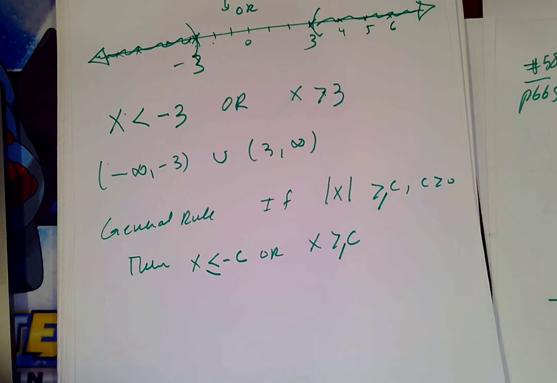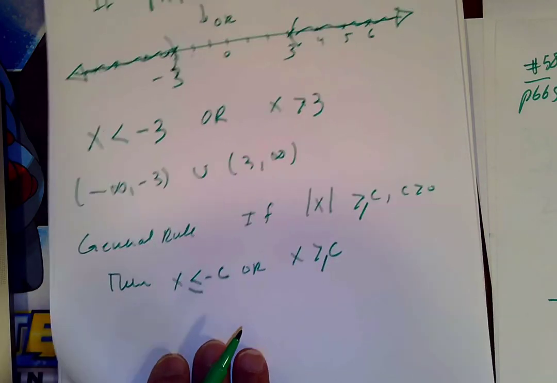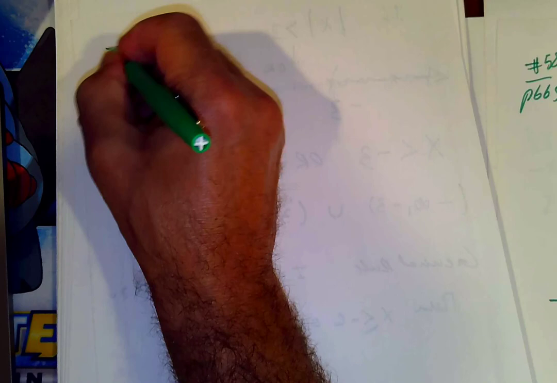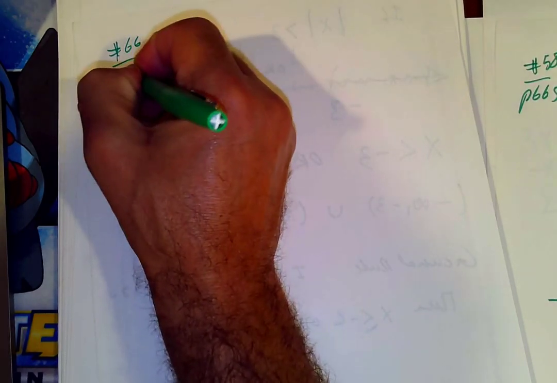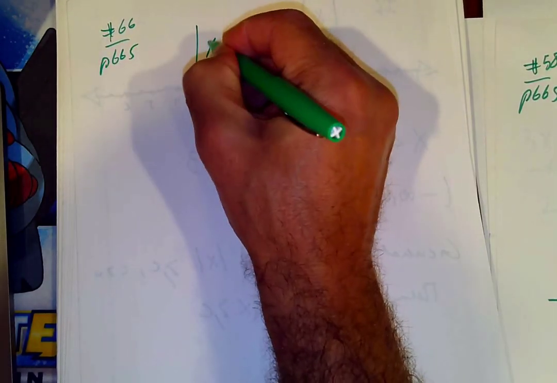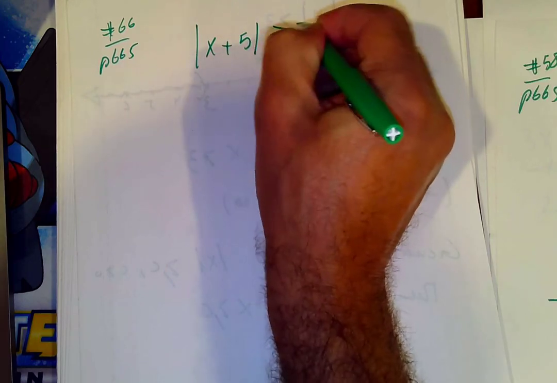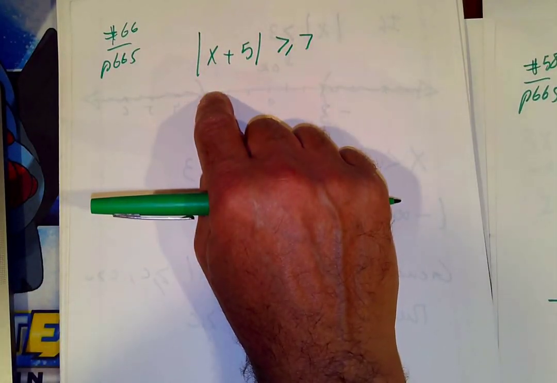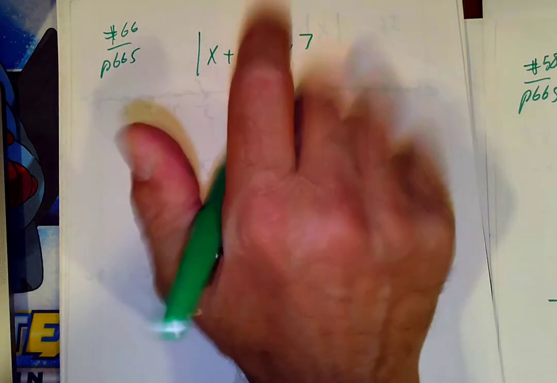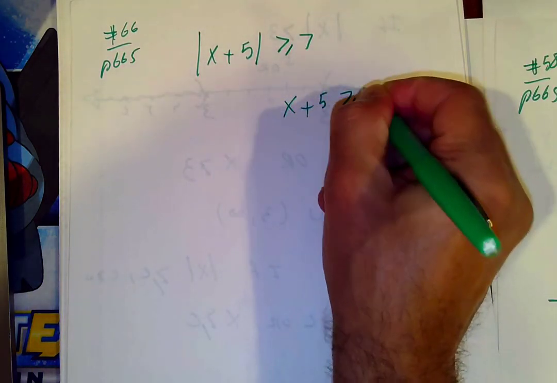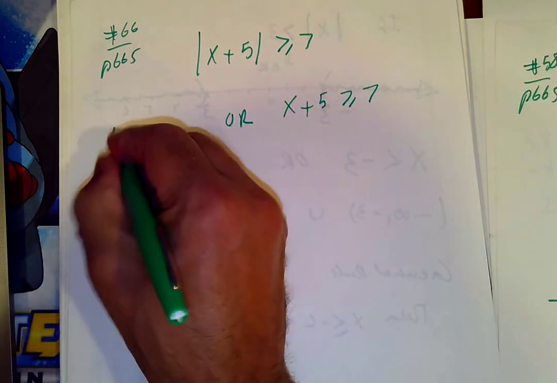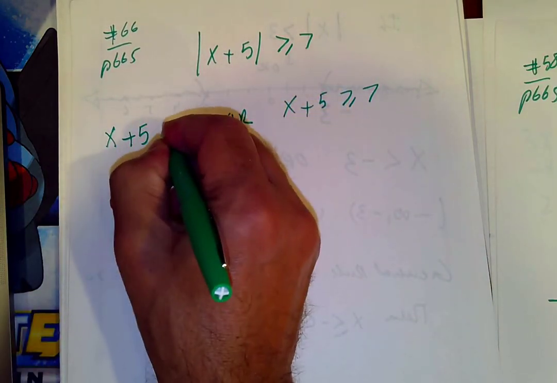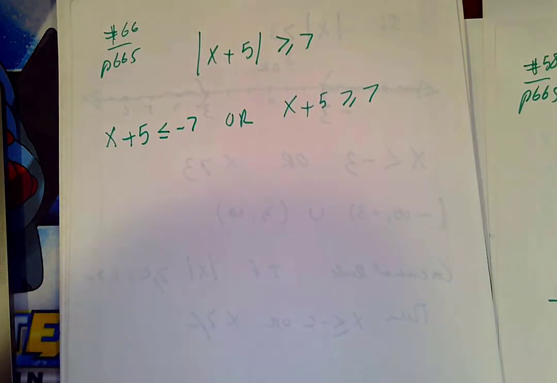So let's look at 66, page 665. Absolute value of x plus 5 is greater or equal to 7. So the absolute value is isolated, it's greater or equal, so we drop the absolute value and we put an or, and then we keep the left side the same, flip the inequality and make 7 negative.